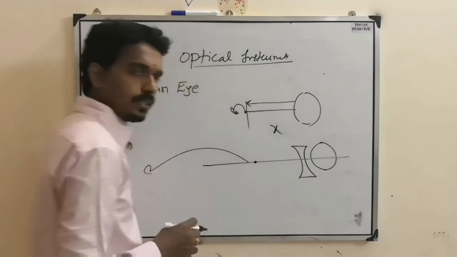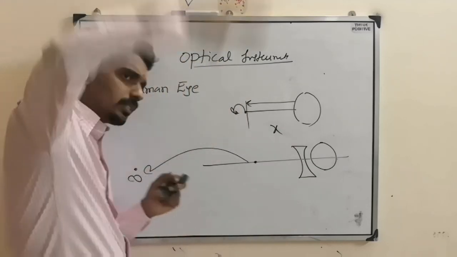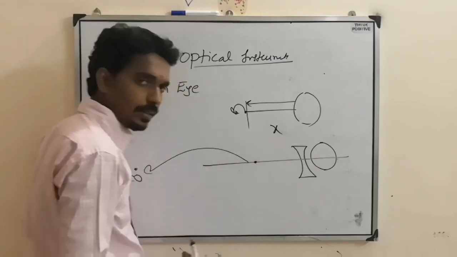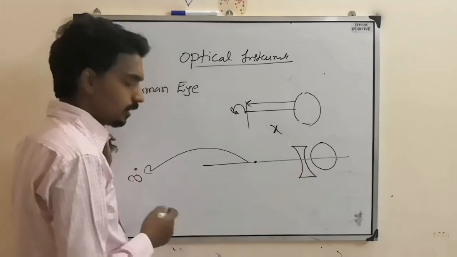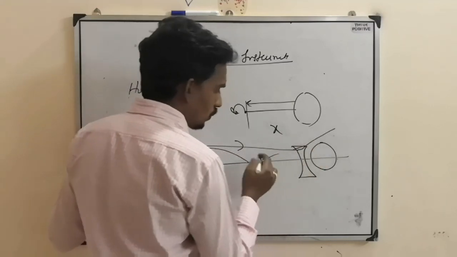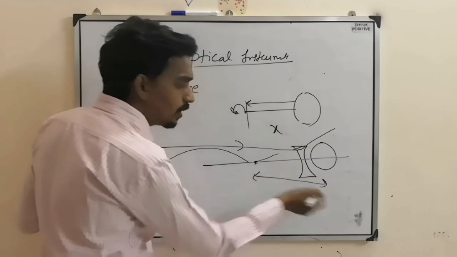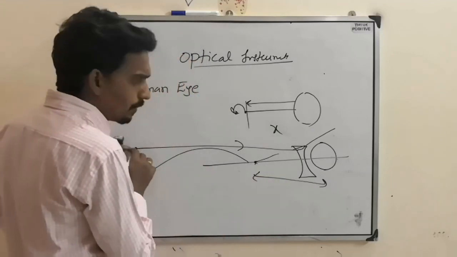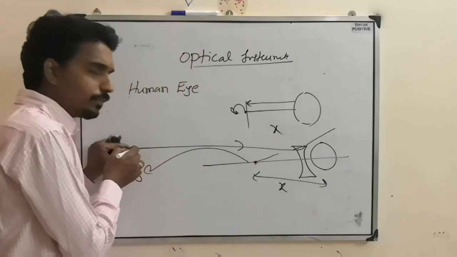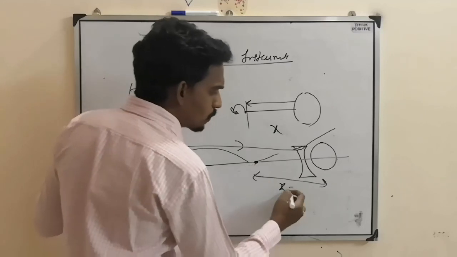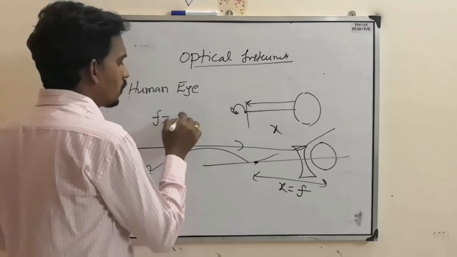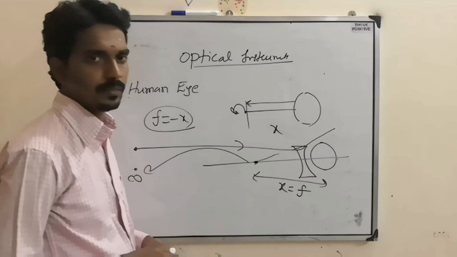You have to arrange it such that even the object at infinity you can see, and the remaining all you can see. That means the object at infinity should be shifted to within this distance, to this x distance. So when the object is at infinity, the image should form at this point, meaning this must equal the focal length. That means the focal length should be equal to minus x. Why minus? Because it is a concave lens.